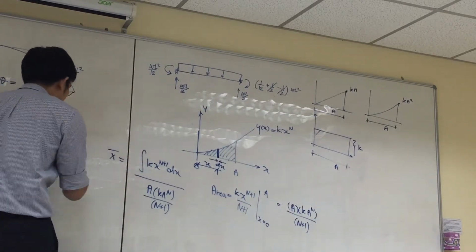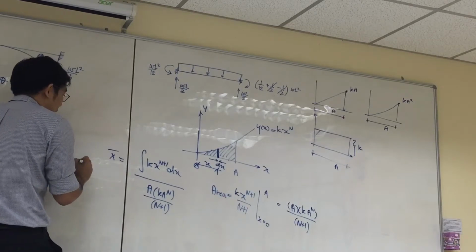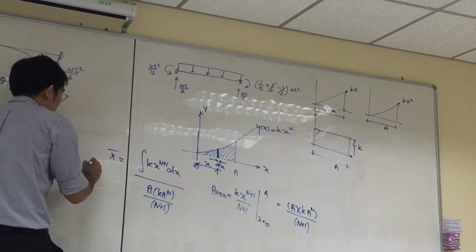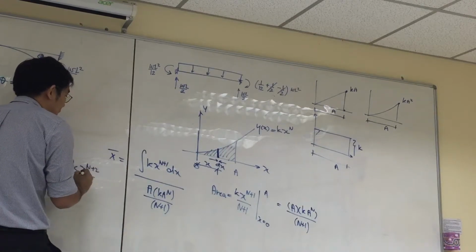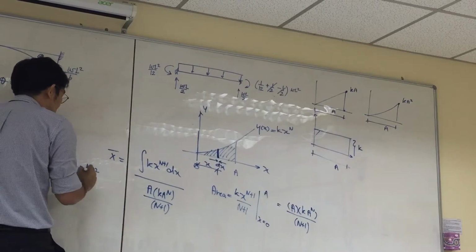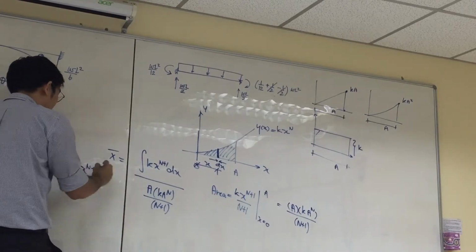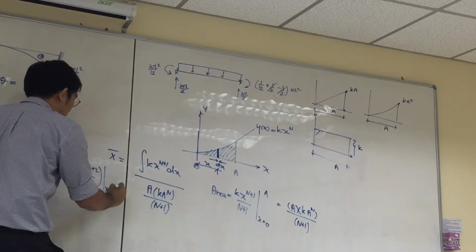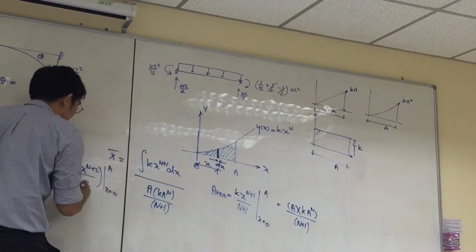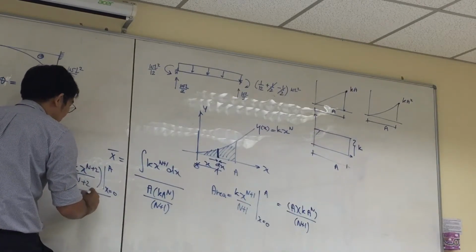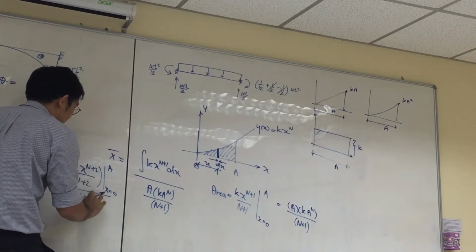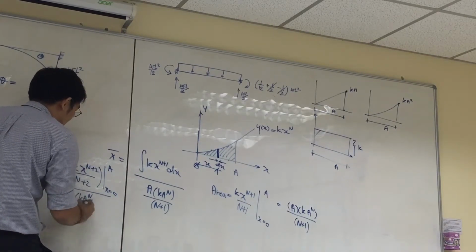Integrate this, you get kx to the n plus 2 divided by n plus 2. You evaluate this from x equals 0 to a, and then all divide by a to the n plus 1.